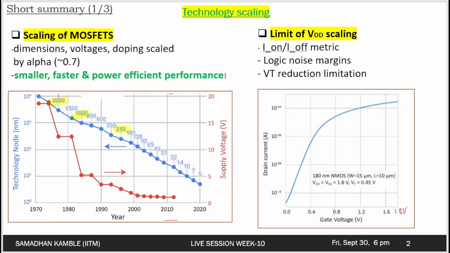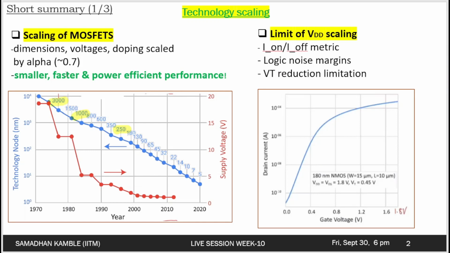Here you can see the first important aspect that we tried to study was the scaling of MOSFET, in which technology scaling is the main heading, but MOSFET scaling is actually what we have studied, in which the lateral as well as the vertical dimensions of the MOSFET were scaled.